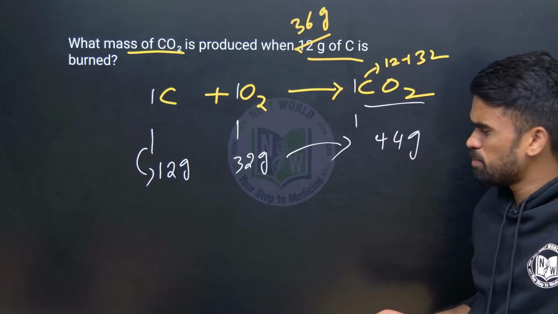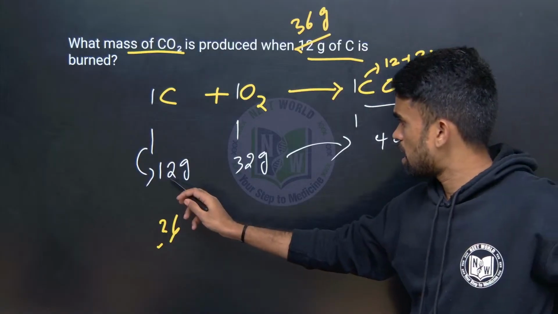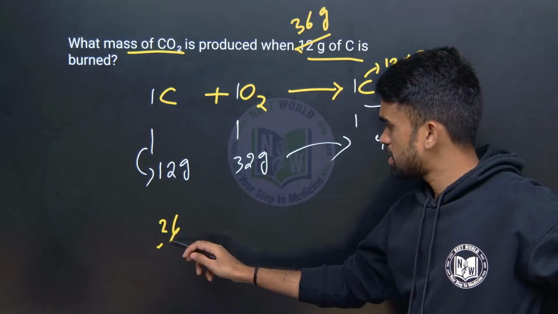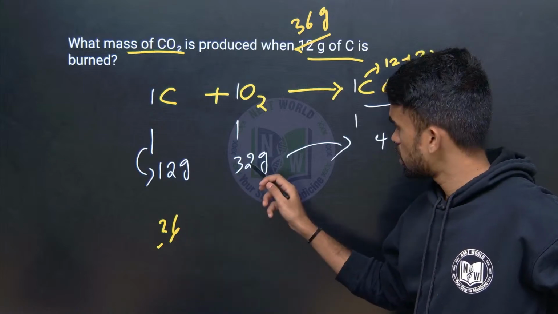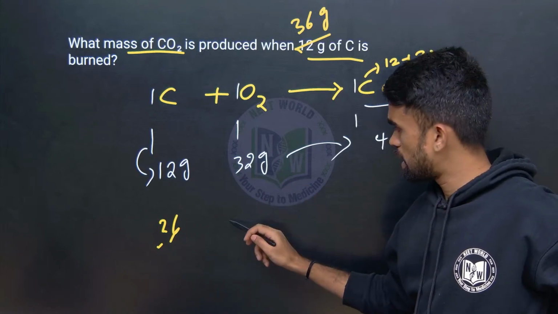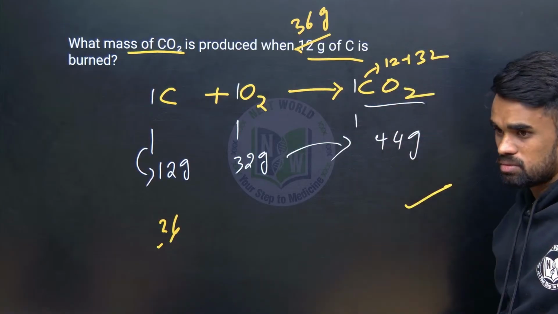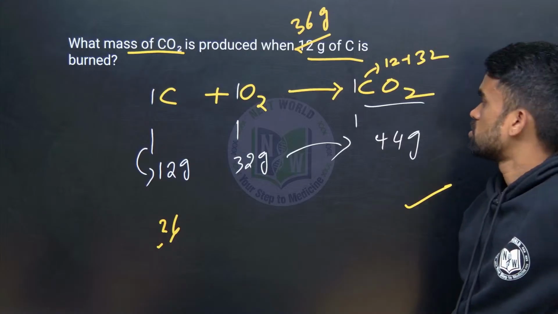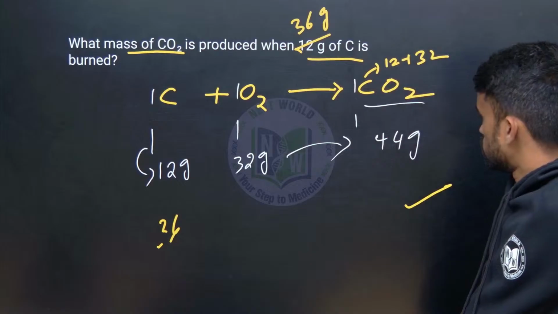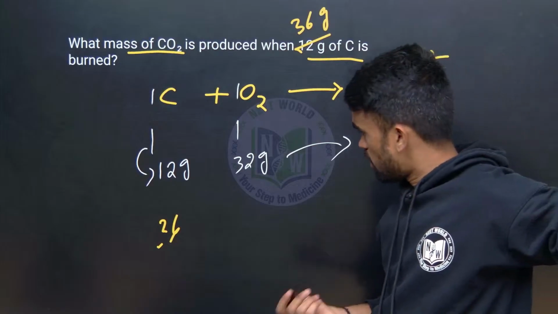36 means what? Simple, you just take here 36 and try to do it. So 12 grams require 32. 36 grams require how many? 12 times 3 is 36 now. So it means this is also multiplied with 3. You will get some number here. So just add those two numbers. You will get this answer. Otherwise, there are many simplest ways.